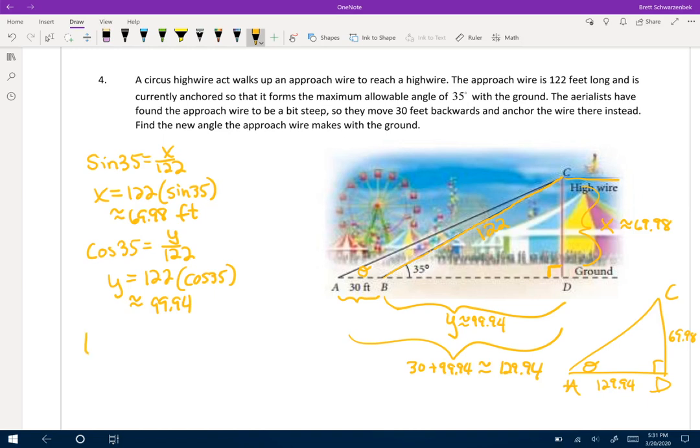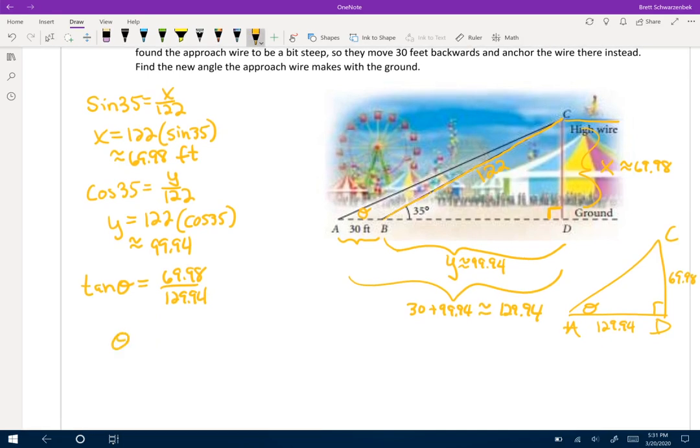So the tangent of theta should be 69.98 divided by 129.94. Remember, the only way to find an angle in these scenarios is to use the inverse version of the trig function. So we will get this, which is going to give us approximately 28.30 degrees.